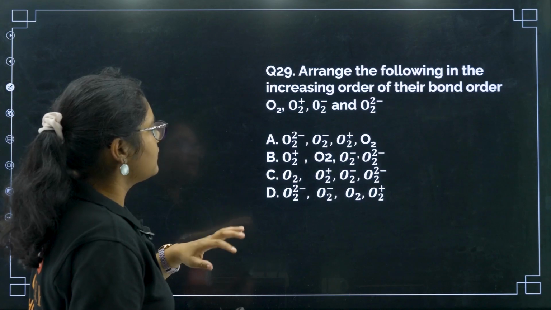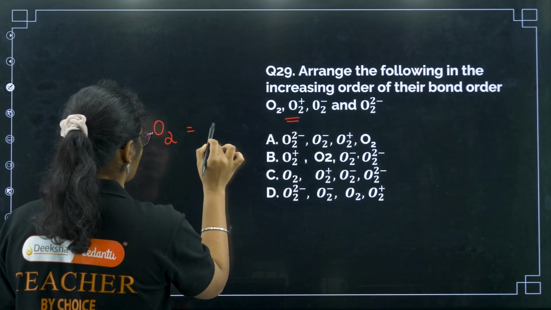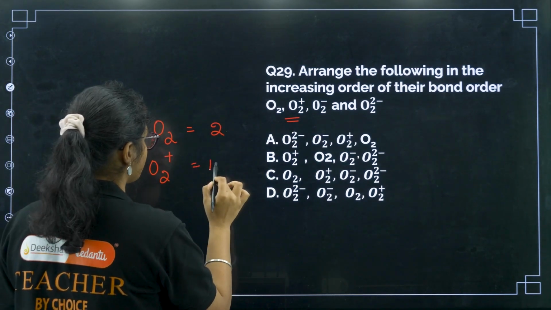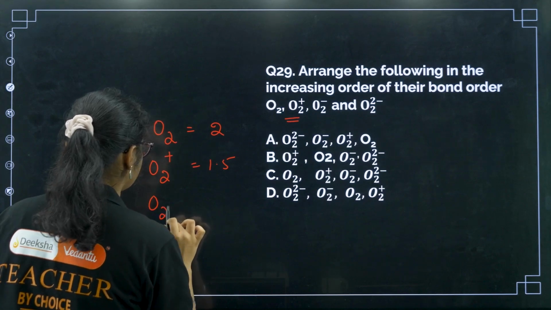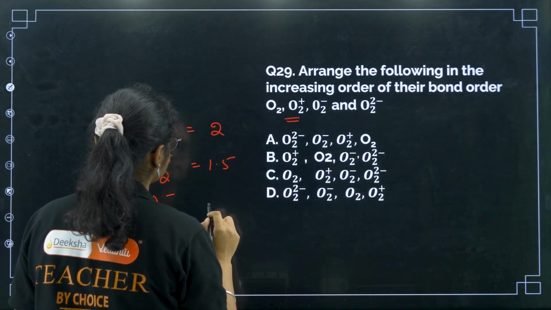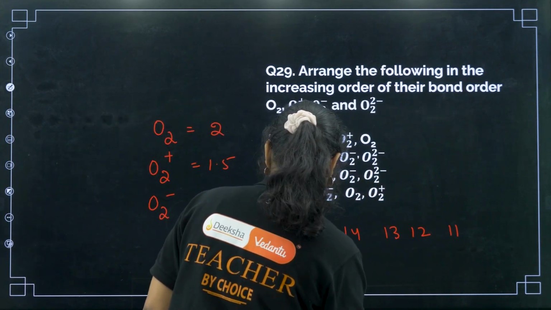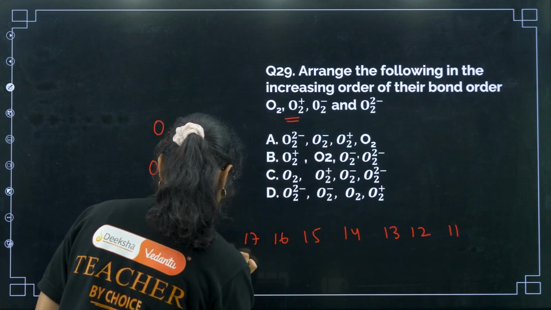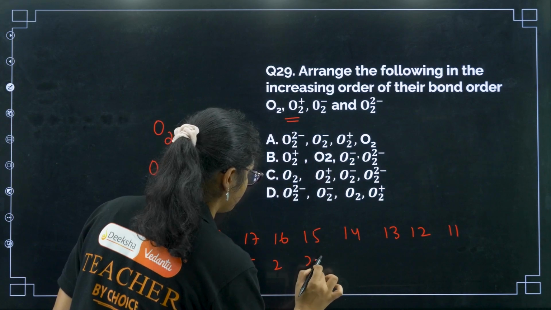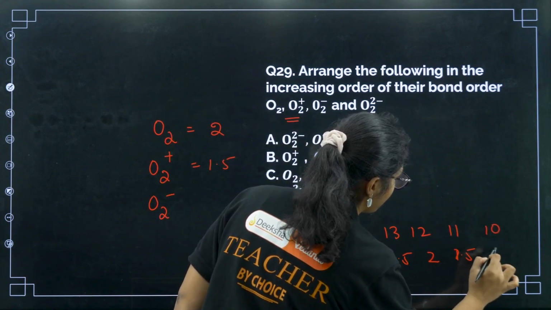Next we'll go for this one, bond order. So again we can calculate. O2 is having 16 electrons, bond order is 2, O2 plus 15, right, so its bond order is 2.5. O2 minus, 17, will have 1.5. Let me write down: 14, 13, 12, 11, 15, 16, 17, 18, and then here I have bond orders 1, 1.5, 2, 2.5, 3, 2.5, 2, 1.5 and 1.